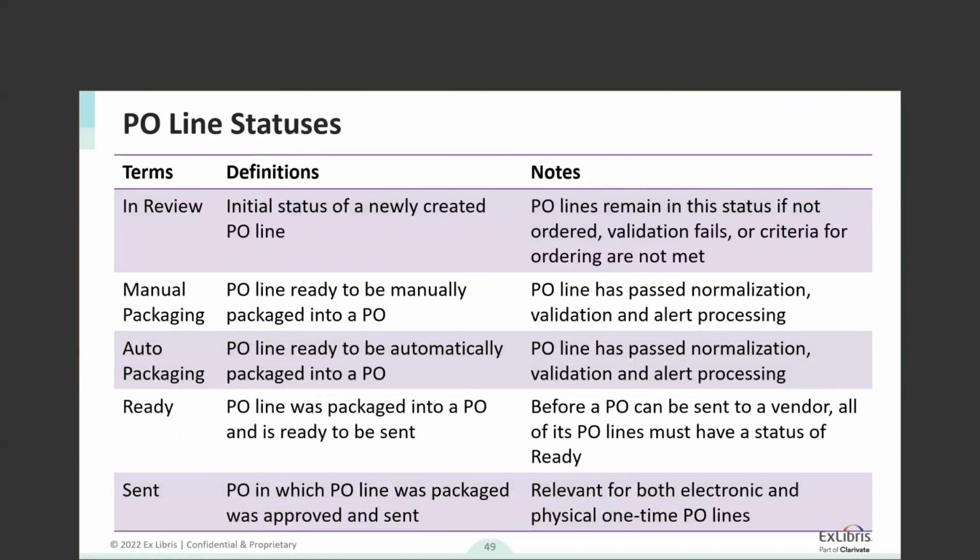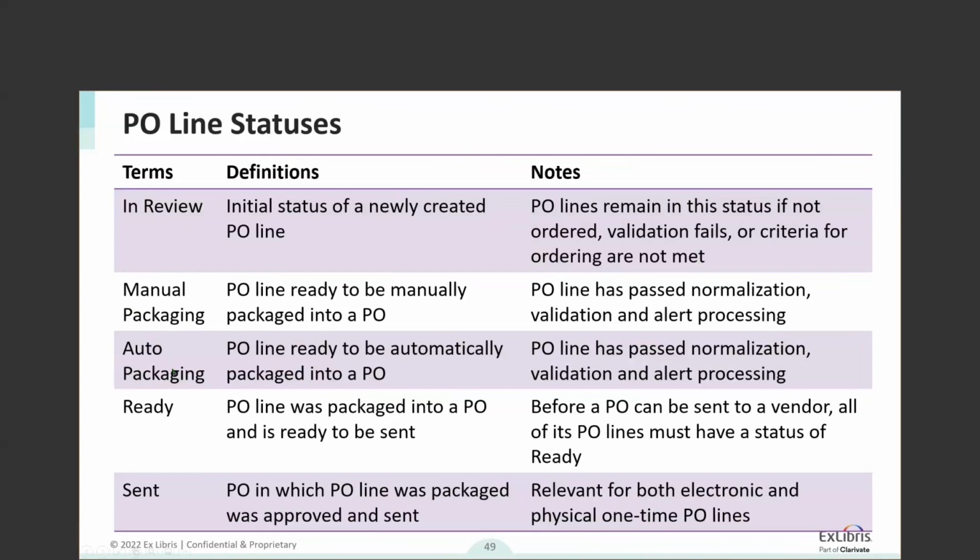Alma can throw things into review, like if you don't have a vendor. Alma needs to know that. Or you might put something in review because you just hit save instead of save and continue. You're creating a PO line, and oh, I don't have all the information I need, or I'm going to lunch or whatever. So boom, just do that save.